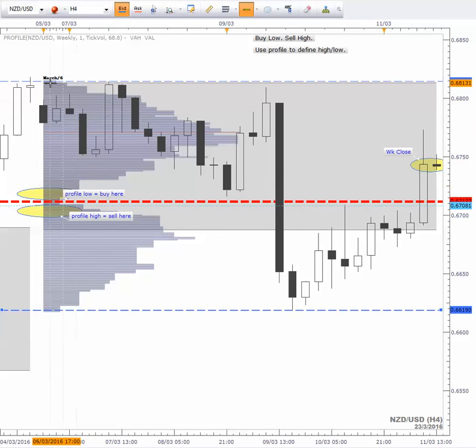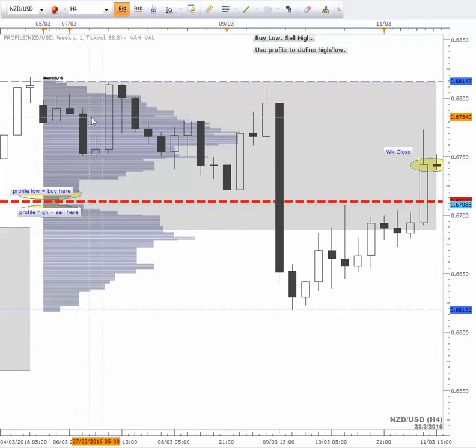And I know where I could see on this volume profile that there's two distributions. There's two bell curves. We have one above the red line, and we have one below the red line.